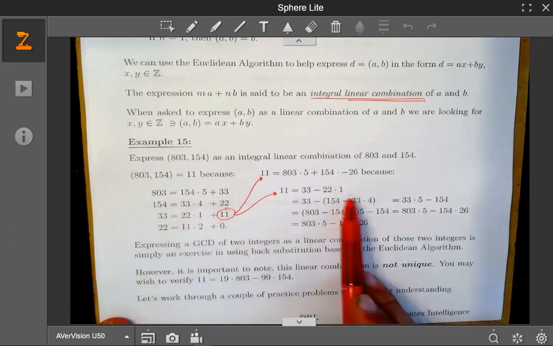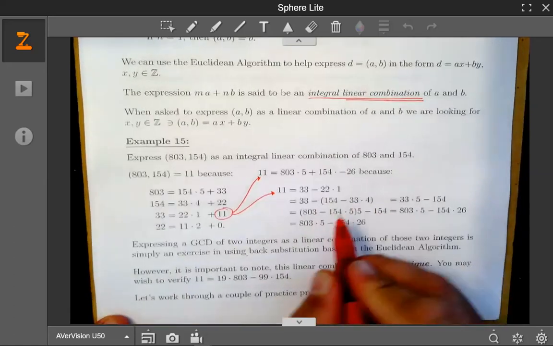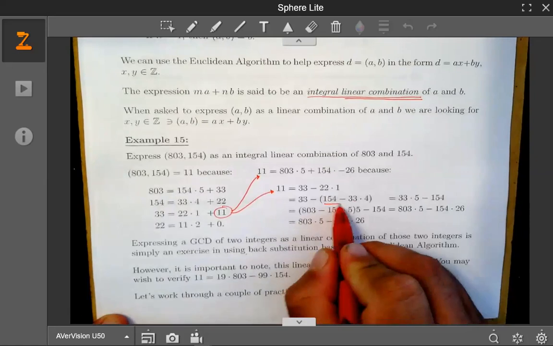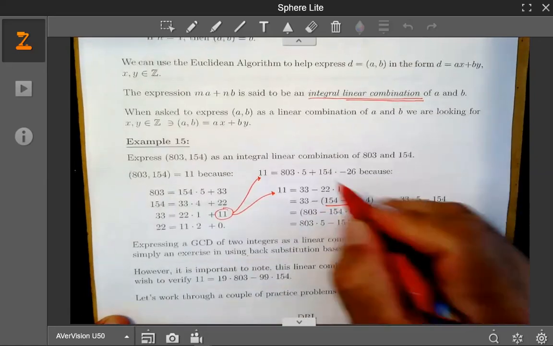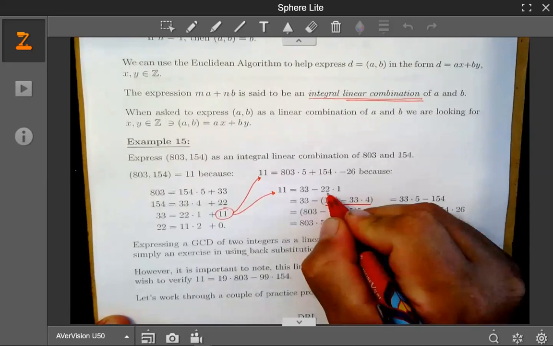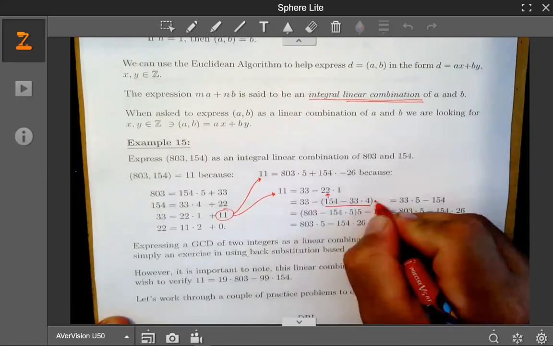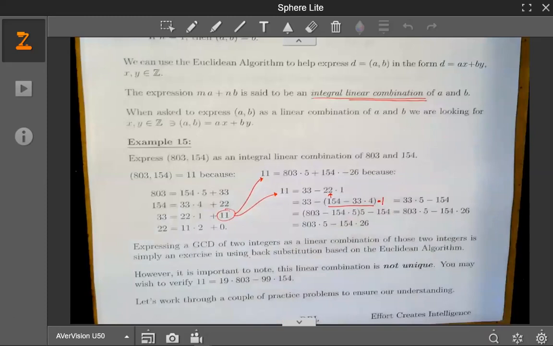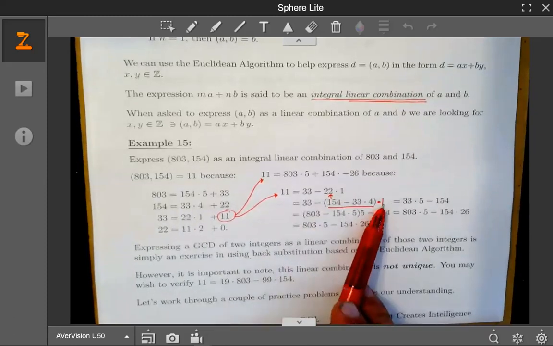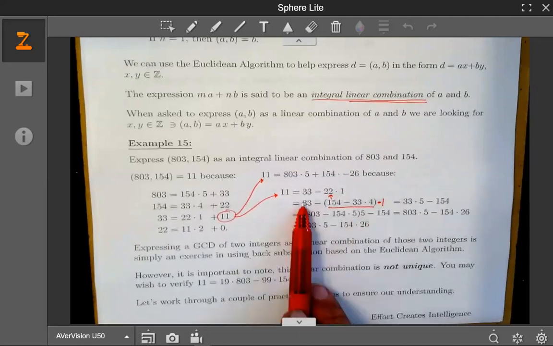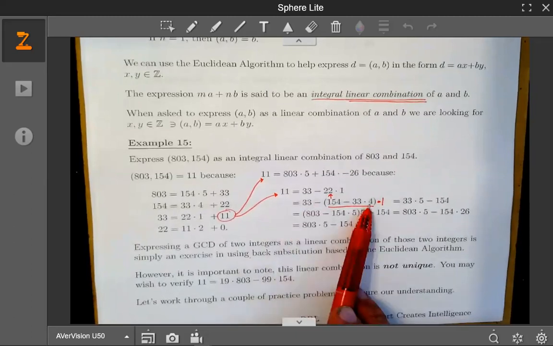So I take that 154 minus 33 times 4, and that's going to be substituted in there. We could still write the times 1, but you don't have to have that in there.